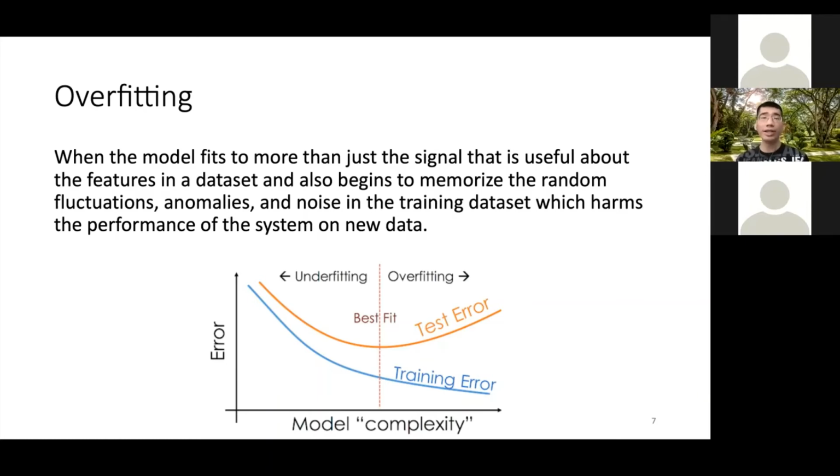As a result, these very complex models perform really well on training sets, but only because they have simply memorized the noise together with the signal in the training data. And then they do not really work well on any new data, okay?